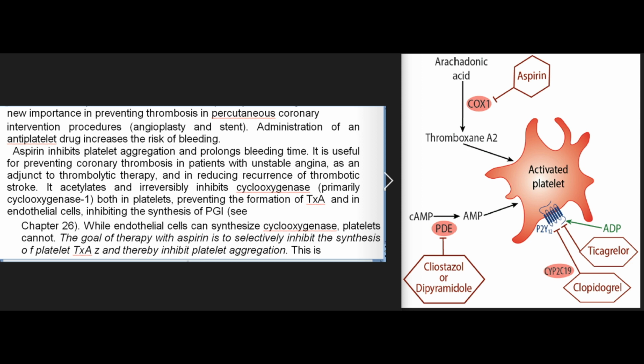It acetylates and irreversibly inhibits cyclooxygenase, primarily cyclooxygenase 1, both in platelets, preventing the formation of TXA2, and in endothelial cells, inhibiting the synthesis of PGI2. While endothelial cells can synthesize cyclooxygenase, platelets cannot. The goal of therapy with aspirin is to selectively inhibit the synthesis of platelet TXA2 and thereby inhibit platelet aggregation.